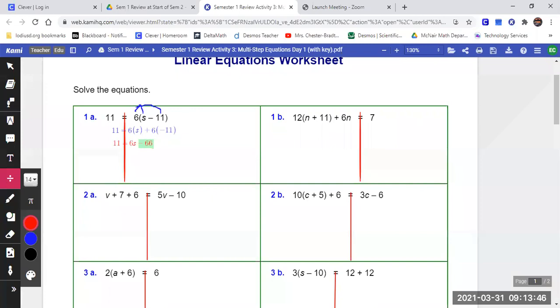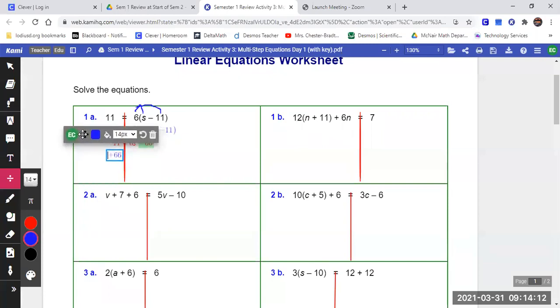Add 66 to it. Exactly. But whatever we do to one side, we have to do together. So yes, we have to add 66 to both sides. Remember, whatever we do on one side, we have to do on the other. So I'm going to add 66 to the left side, and I'm going to show add 66.